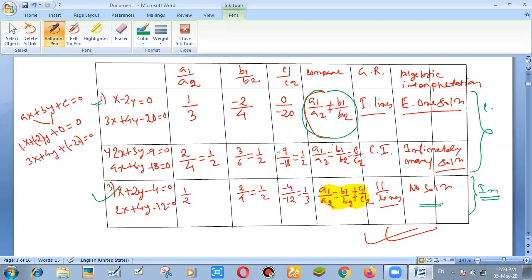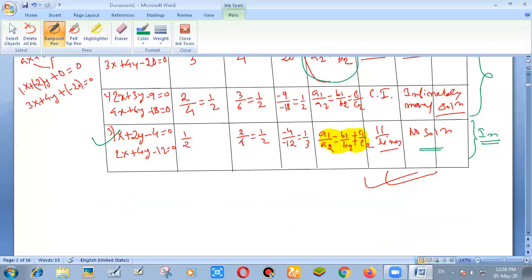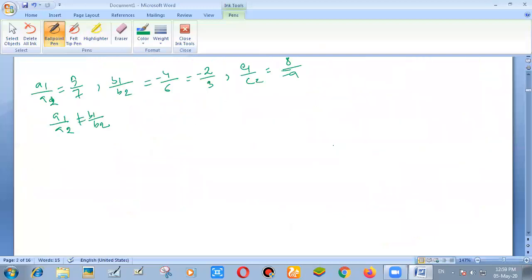Here it says they are intersecting at a point. So your answer will be: hence the pair of linear equations is consistent. They are intersecting, so if they are intersecting, that means they are consistent.